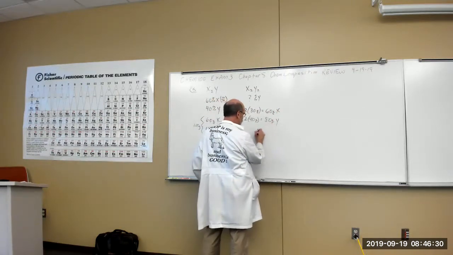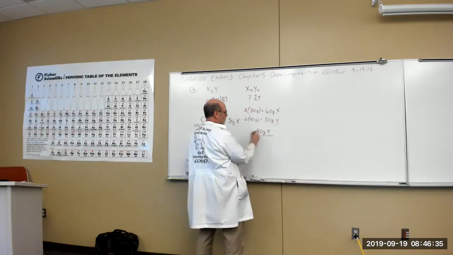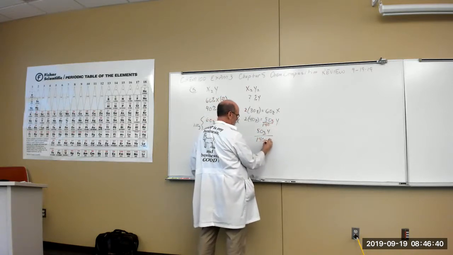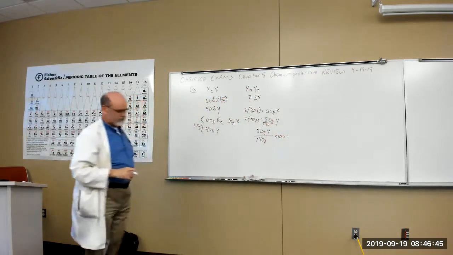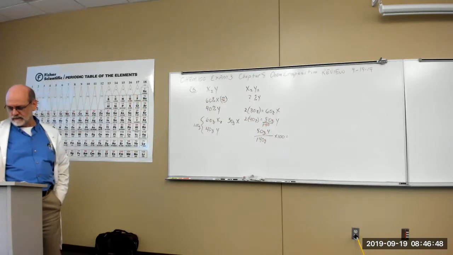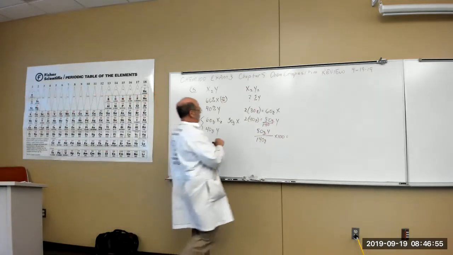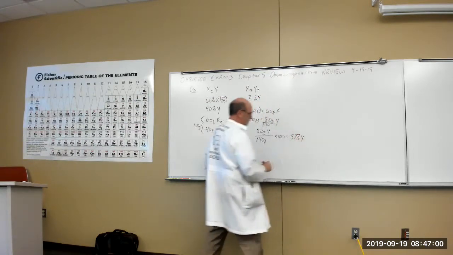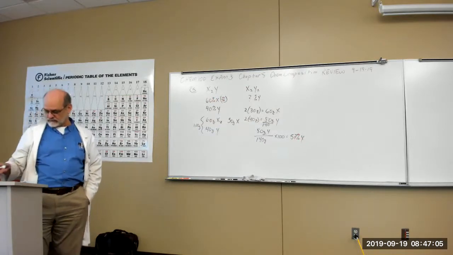Well, we've got 80 grams of Y. And what's the total? 140, right? So 80 divided by 140 is 57%. And then you look at your answers and say, oh, there it is. D.